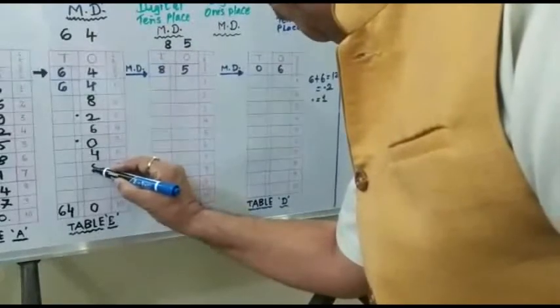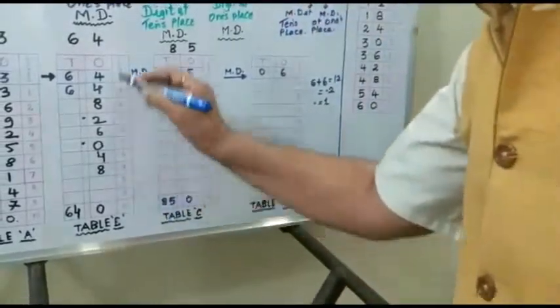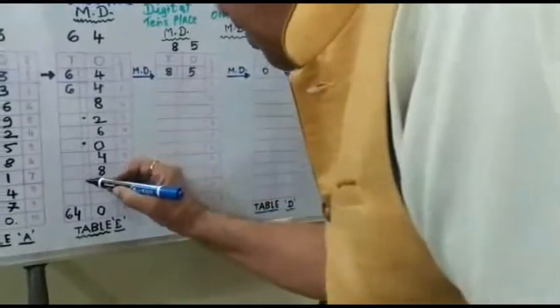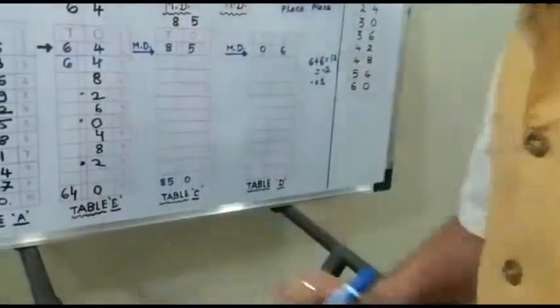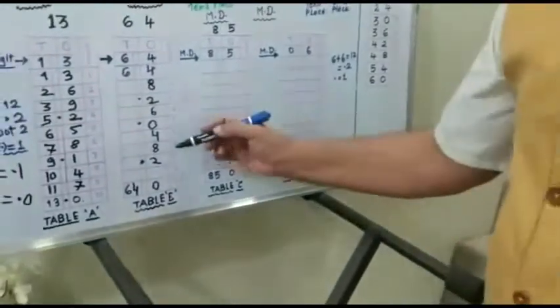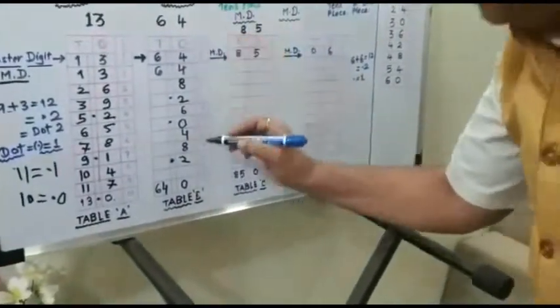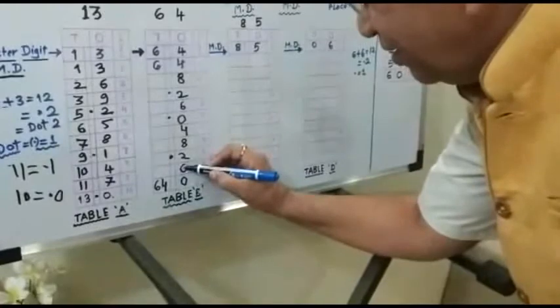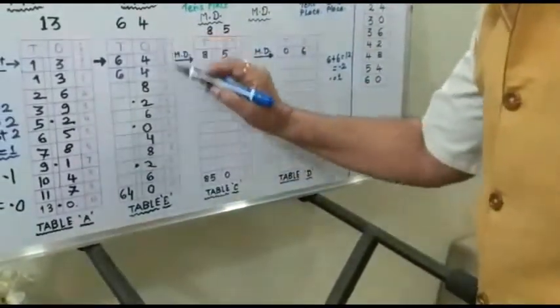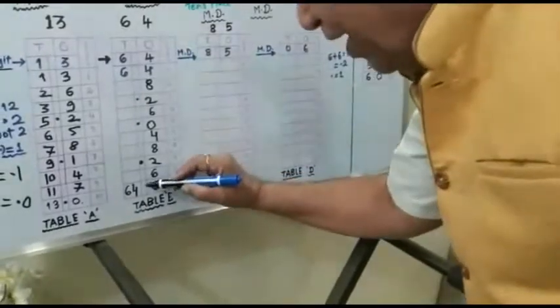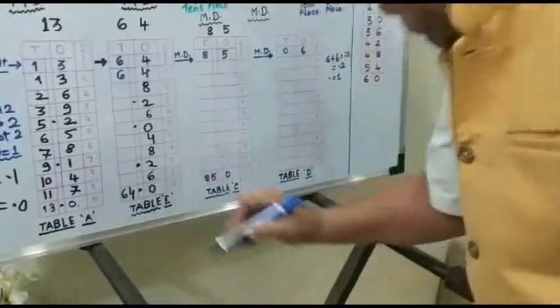Single digit number, no problem. Then again 8 plus 4, 12. 12 means again a dot here and 2 here. Okay. Now what is the next number? 2 plus 4, 6. Single digit number, no problem. And 6 plus 4, 10. So 0 here and a dot here.